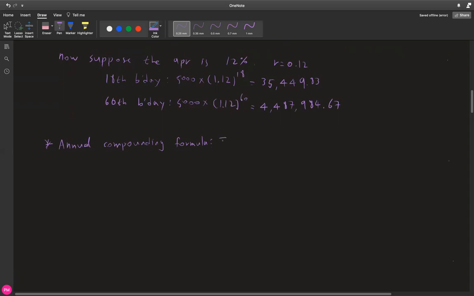So the future value F, here I said future value, but it could be final value or any other terms we used for the F. It's the same principle. P dollars.